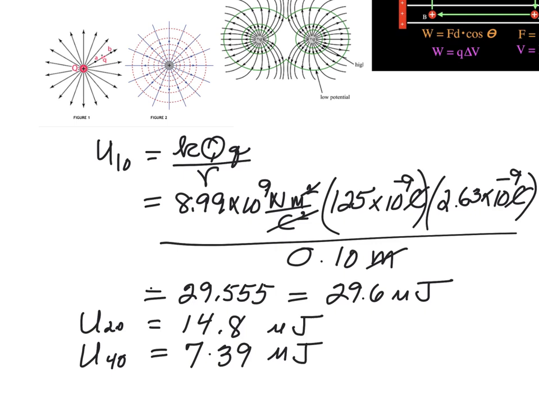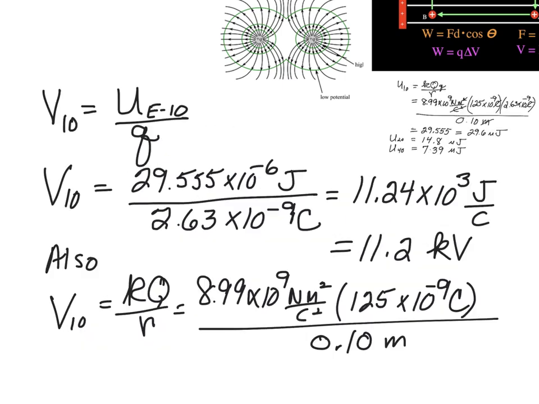And you can do it, I'll do it 2 ways. I'll do it by dividing this by the charge that I used. You can do it that way. And then I'll also do it by using the general equation. After we divide out the Q, we would just have KQ over R. So I'm going to demonstrate that done both ways.